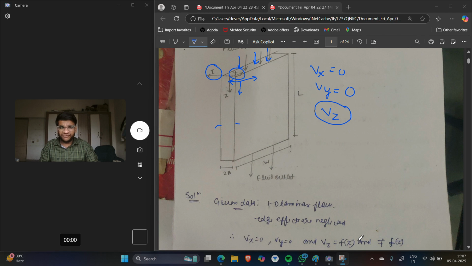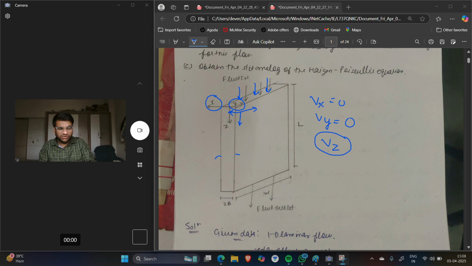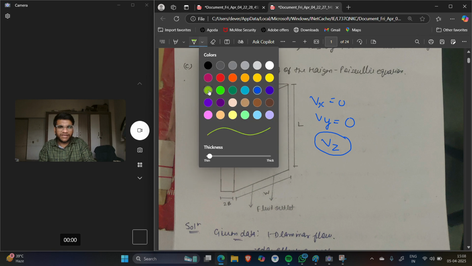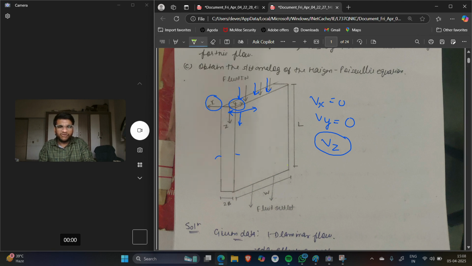If I have assumed that edge effects are neglected, it means that when the fluid flows, there will be some disturbances at the start of the flow and at the end of the flow. So in the problem, it is mentioned that we have to neglect these.